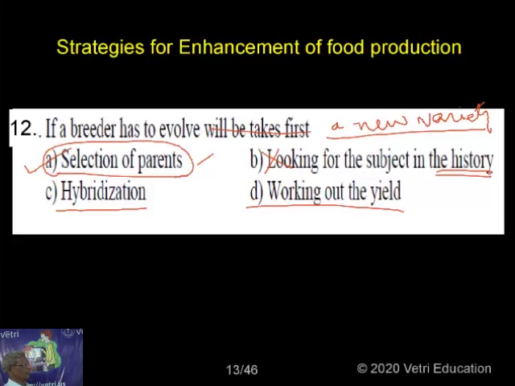He has to select the parents in such a way that he has got the good qualities in both the parents. Then only he can produce a new variety. For example, variety A is there and variety B is there.